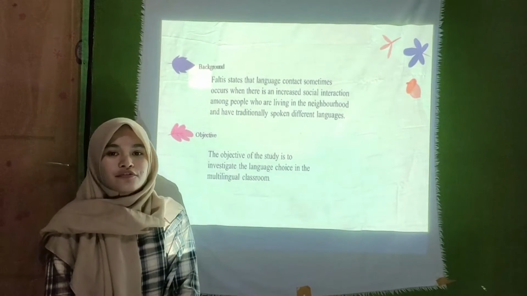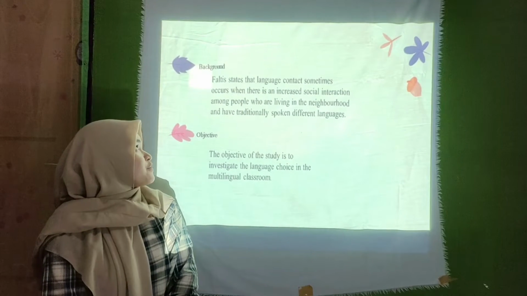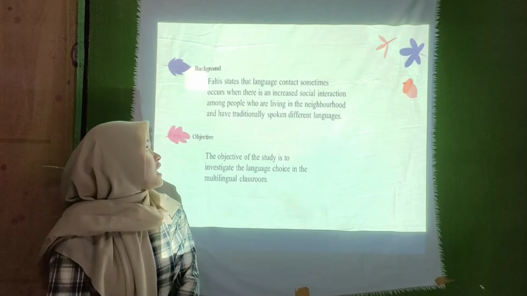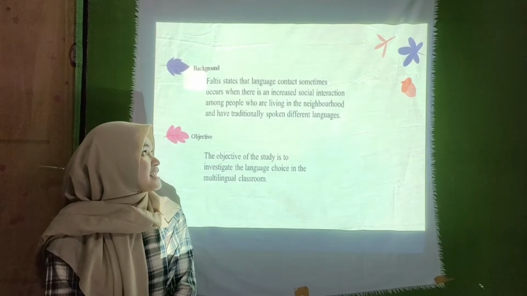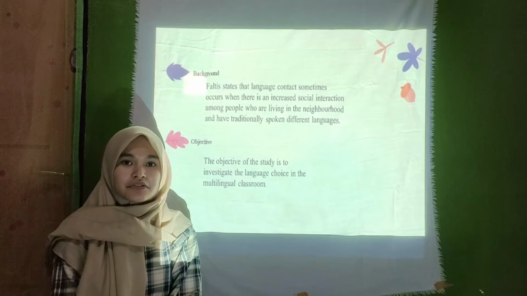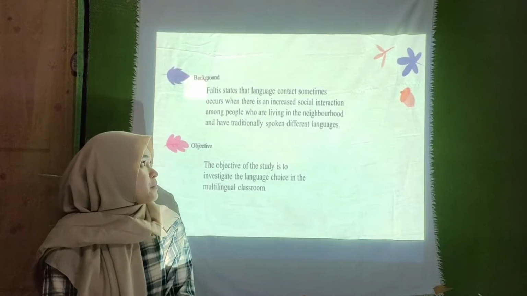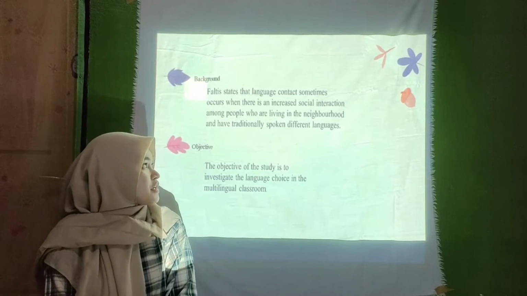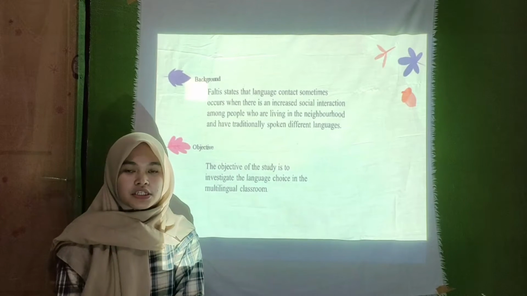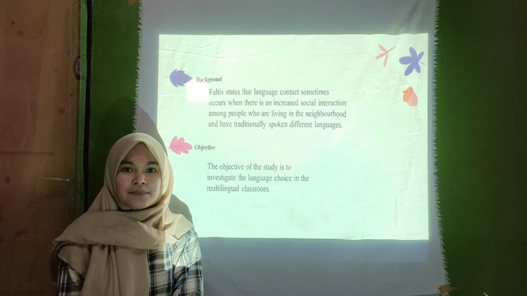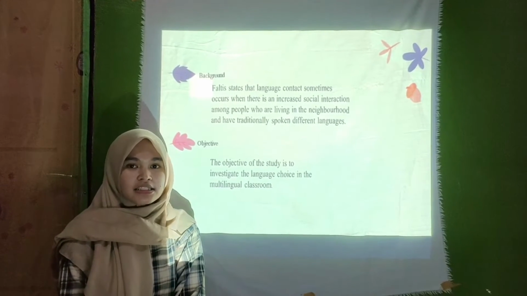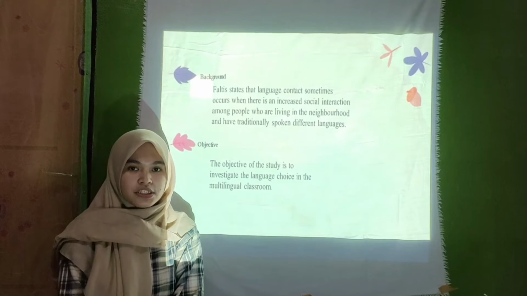The background of this study. Scholars state that language contact sometimes occurs when there is increased social interaction among people who live in the same neighborhood and have traditionally spoken different languages. In this context, Bahasa is the mother tongue and English is an international language.